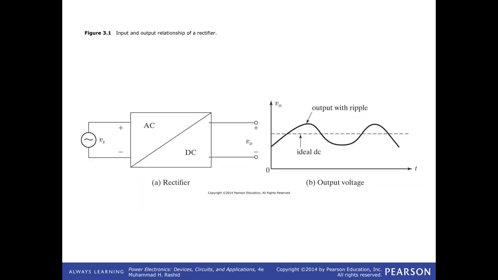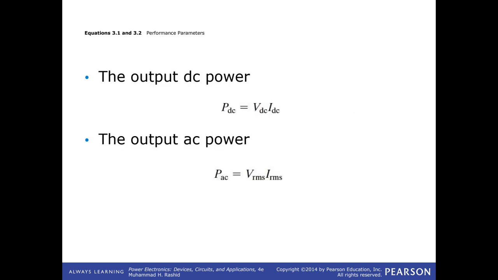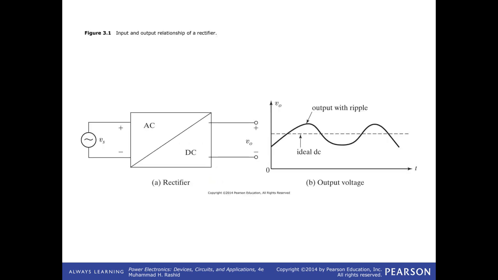Output might be something like this. Not always a flat DC, all right? But it might have AC components in it. When you employ Fourier analysis to the output of this waveform, I might give you a home assignment for this. You can do that.